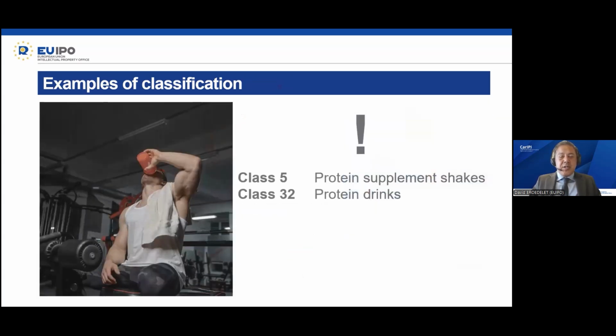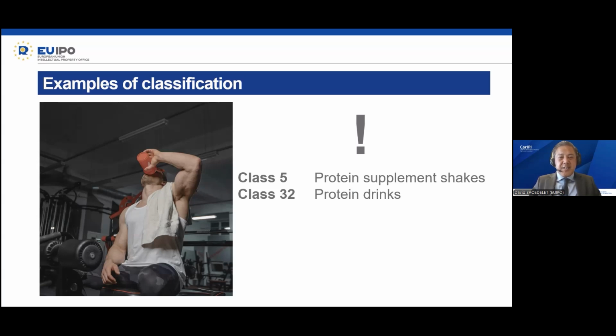Important to realize here is that products like shakes and drinks follow a different type of classification. Protein supplements, shakes, these are considered to have a sort of medical function. They go to class 5, like a food supplement.